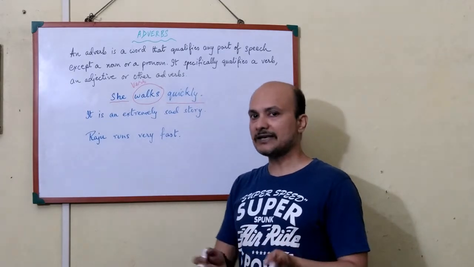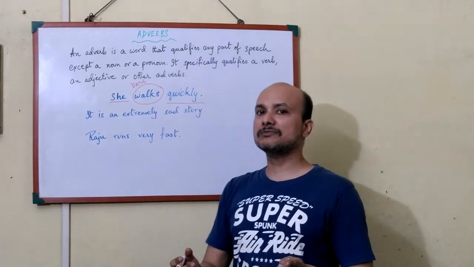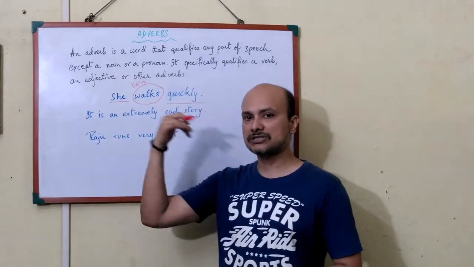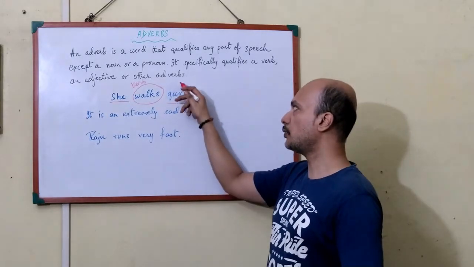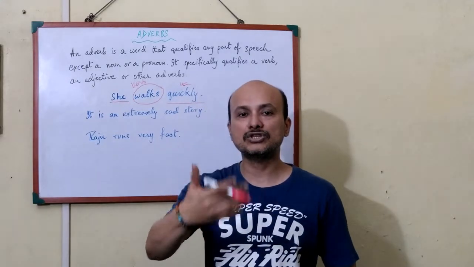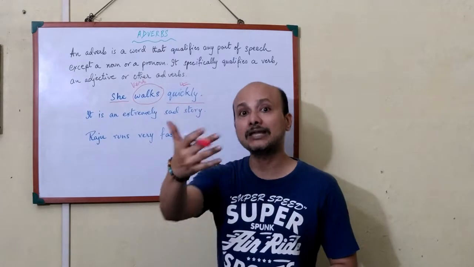If I say only she walks, it makes sense, but it doesn't make complete sense. Why? Because we do not know the manner in which this person is walking. When I add this word quickly, it tells us the manner in which the person is walking. That she is walking quickly.